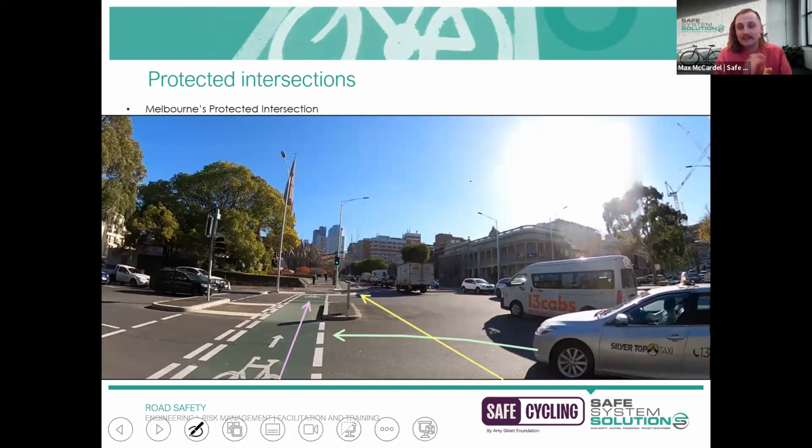The other thing I want you to focus on is, if you look in the passenger window for this vehicle, the taxi driver, you can see that their neck is kind of pointed towards the cyclist and towards the crossing point, which is exactly the intent of this infrastructure. So it's working exactly as it should be in this instance. So that guy gets a big thumbs up. He's doing great work.